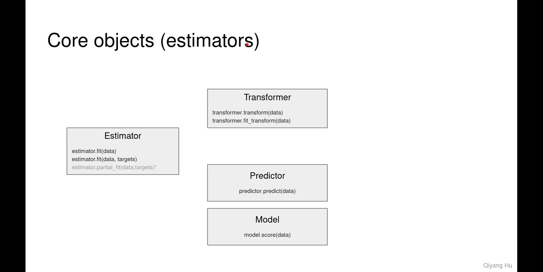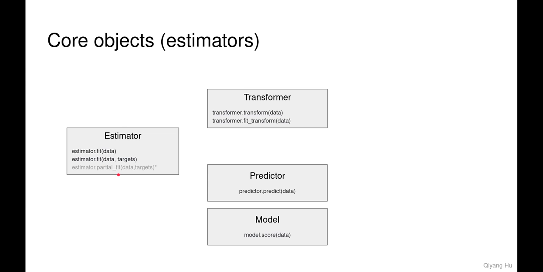Each of them provides distinctive methods. The most important one is called the estimator. I know it is a little confusing because they use estimator for all four core objects, but here it means the base object that implements a fit method.